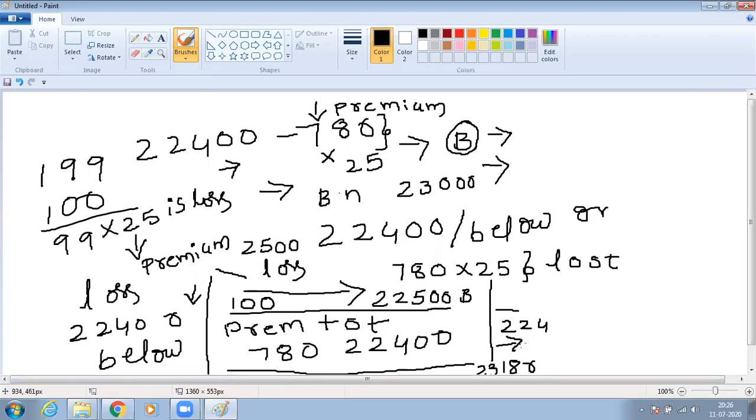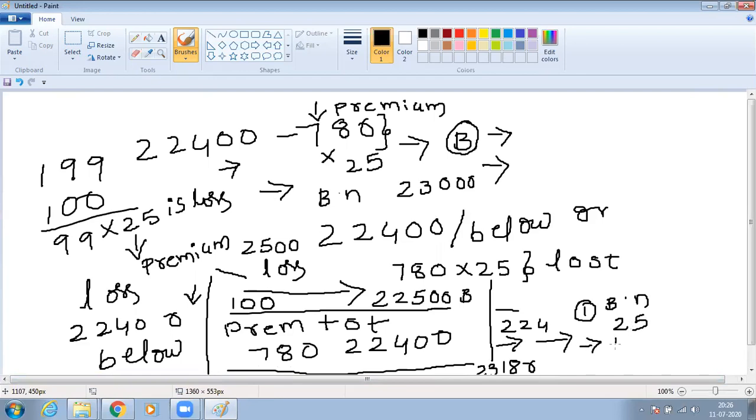Once bank nifty crosses 23,180, from here it will be awesome profit. For every one tick or 1 point movement in bank nifty, you are going to get 25.